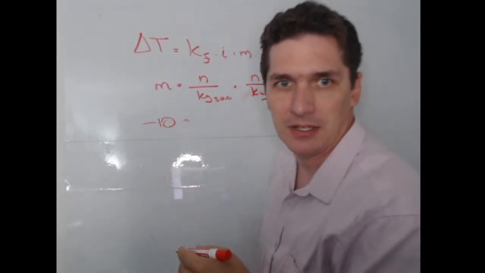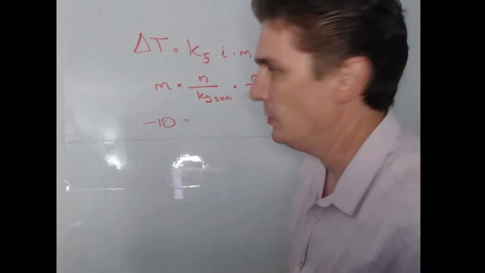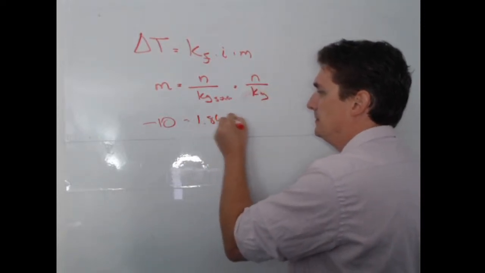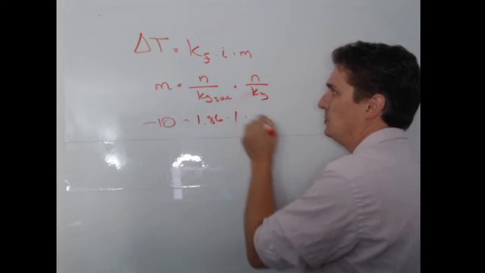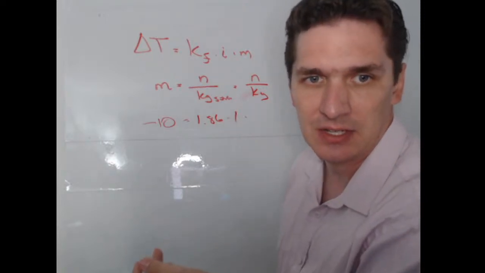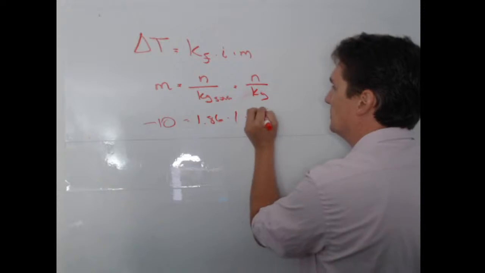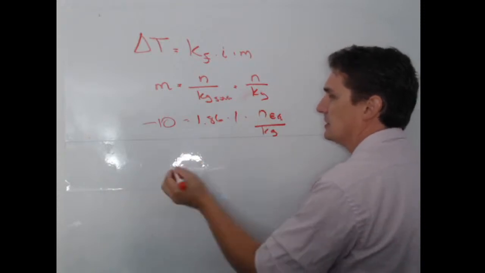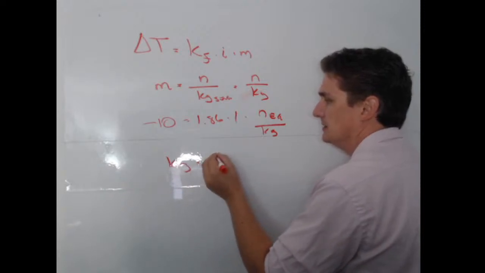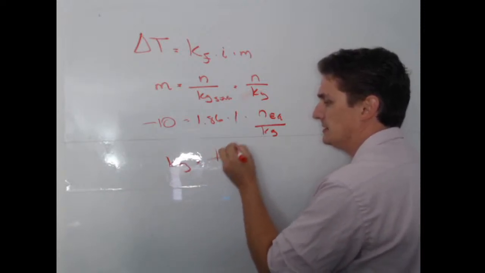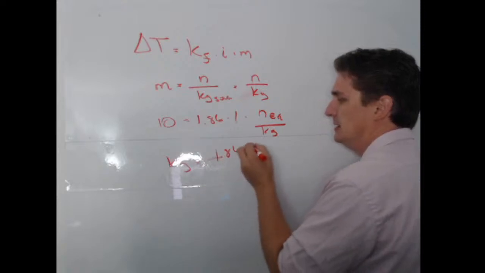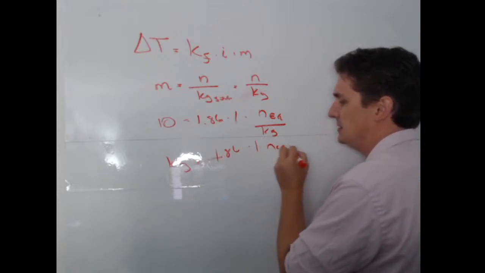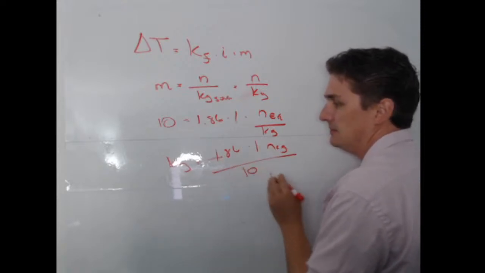The Kf here is 1.86. For organic molecules, the i is going to be 1. We have 62 grams of ethylene glycol, so you need to convert that to moles of ethylene glycol, and then you would solve for the kilograms of solvent. So the kilograms equals 1.86, and sorry, the delta T isn't negative, times 1 times your moles of ethylene glycol, all over the 10.